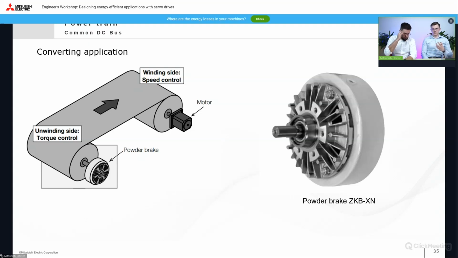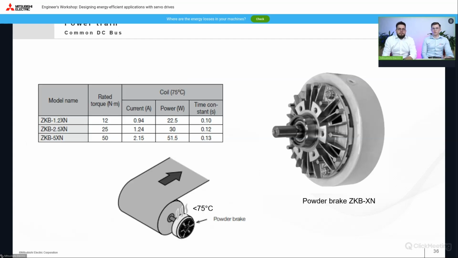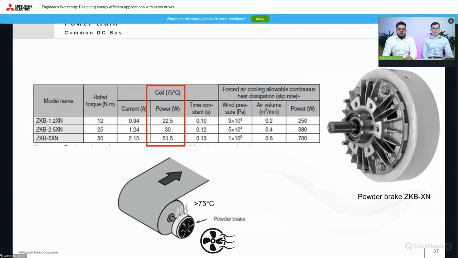So, okay, Błażej, nice. But what about the energy consumption of such a system? Good question. It is quite interesting, because a standalone powder brake with natural cooling has low energy consumption. You can see it in the data from our catalog. But if we need to cool the powder brake, because the temperature will be higher than 75 degrees Celsius, we need to use forced air cooling, which generates a lot of energy consumption from the additional fan.